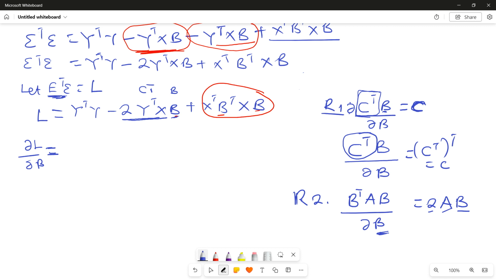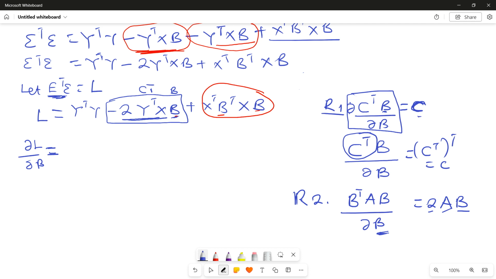What does this mean? It means that if I want to get the derivative of just this part here, we're using the first rule of differentiation: if I'm differentiating C transpose b with respect to b, my answer will just be C. You see that, right?